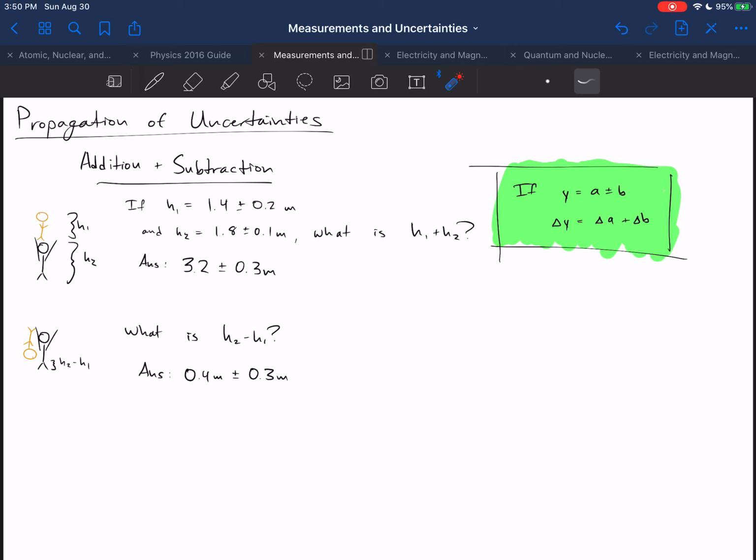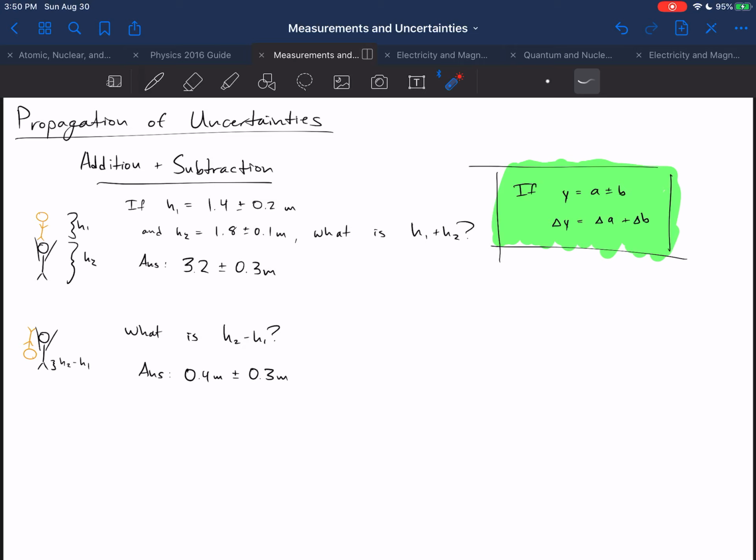We will make a calculation and find a different value. When we find that different value, it's very important that we also have a way of understanding what our uncertainty is on that value, given the uncertainties on the original measurements.